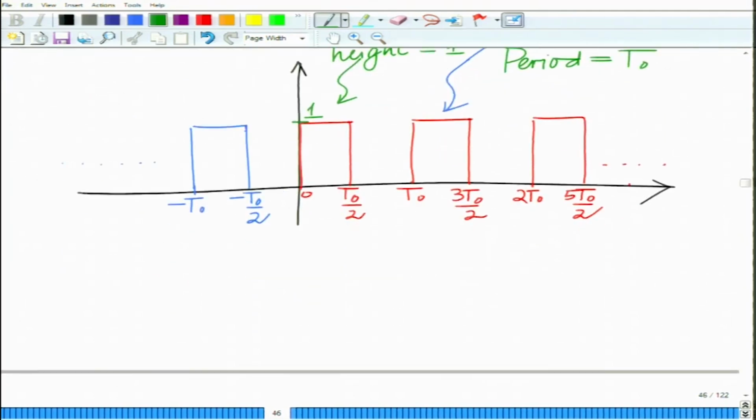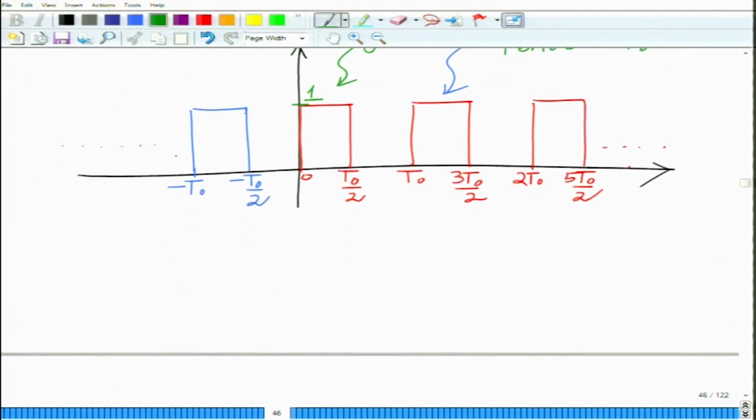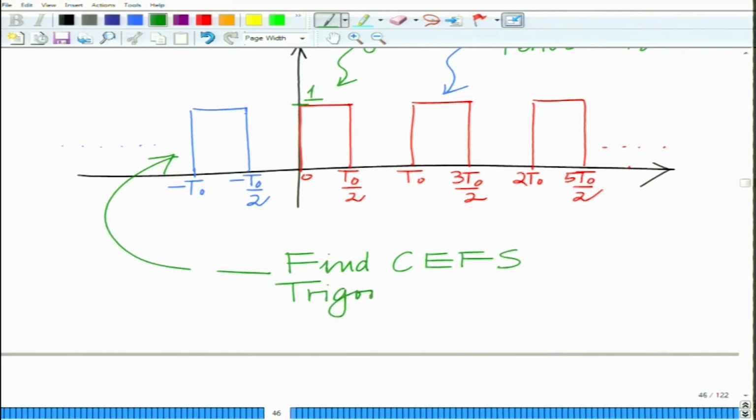And what we want to do is, for this periodic square wave, we want to find the complex exponential Fourier series and also the trigonometric Fourier series. Remember, there is an alternative Fourier series representation which is known as the trigonometric Fourier series.